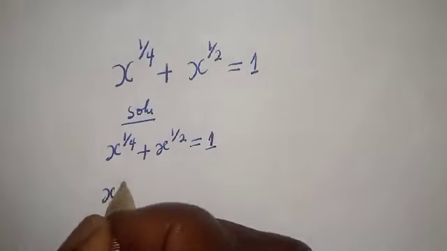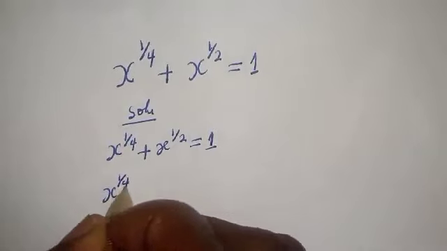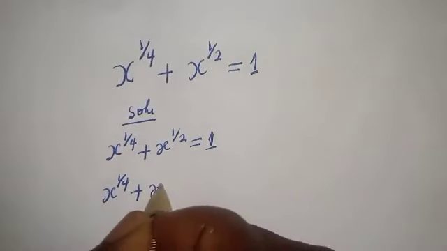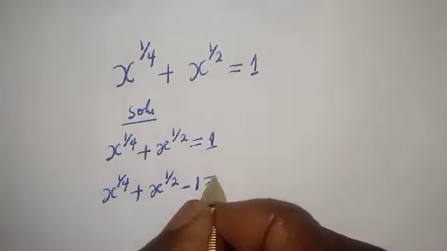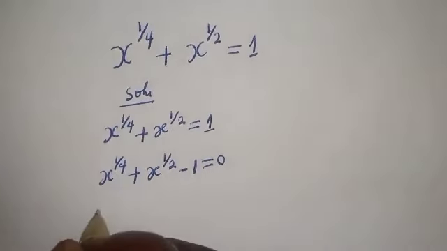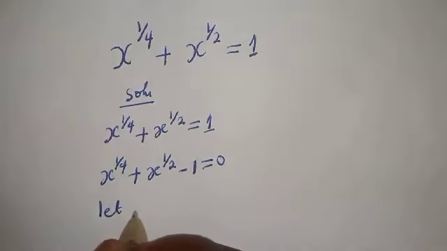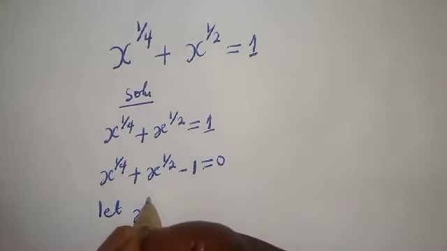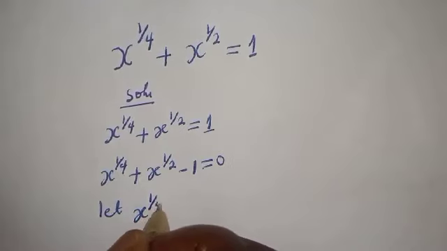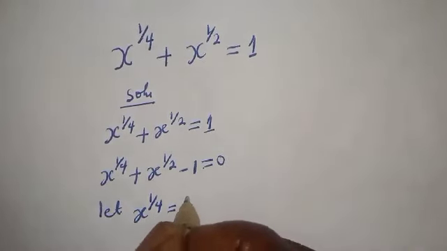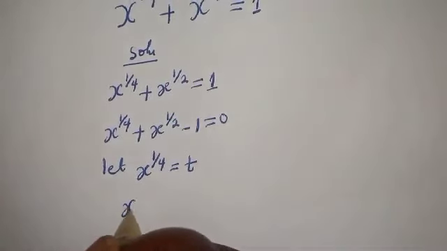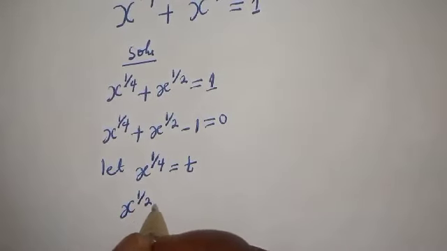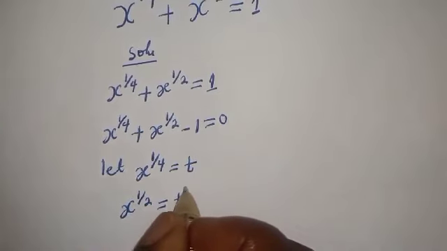Then x raised to power 1/4 plus x raised to power 1/2 minus 1 is equal to 0. Let x raised to power 1/4 be equal to t, and x raised to power 1/2 is equal to t squared.